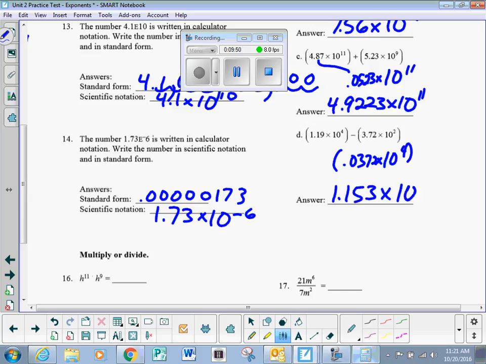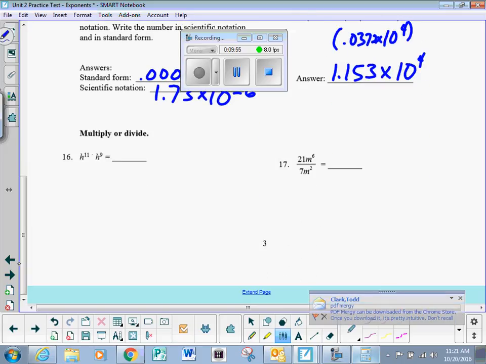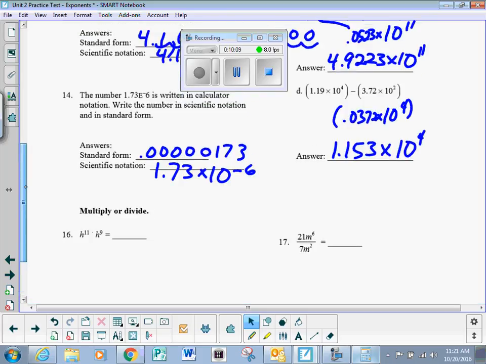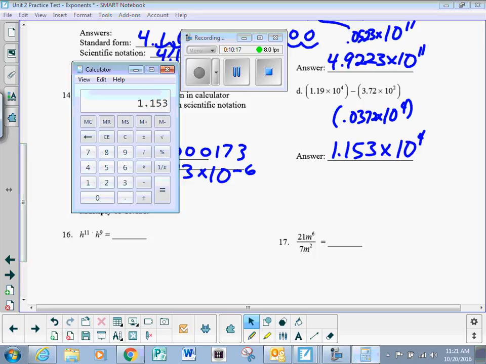Powers of 10 stay the same. 17. Divide. Wait, I got something different for the one that you just did. I got 1.1528. Did you round? I got 1.15 because I moved the 2.